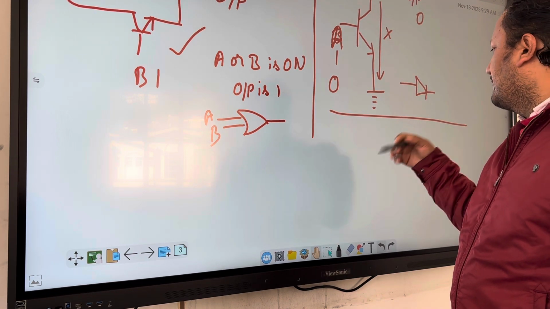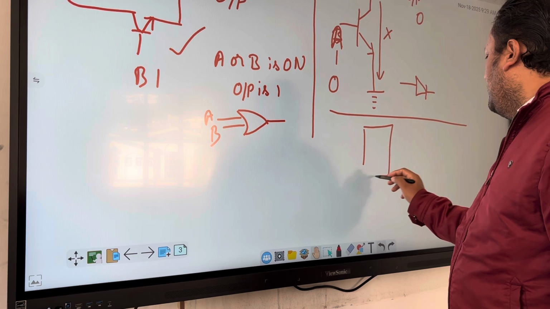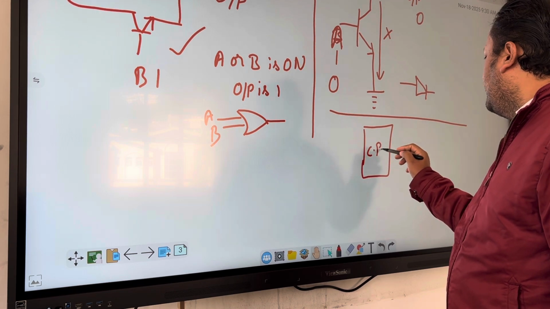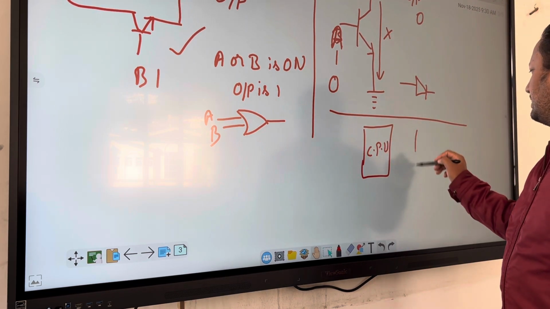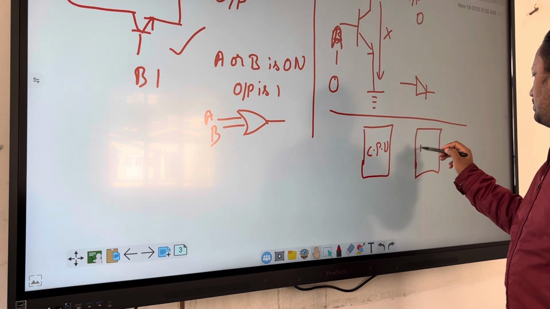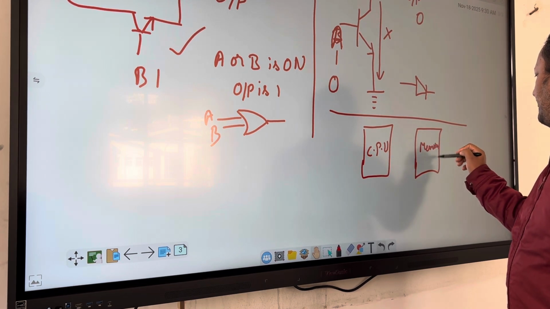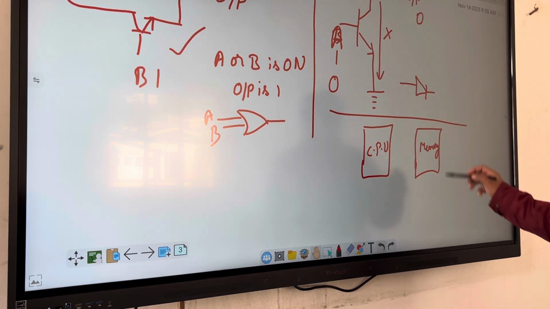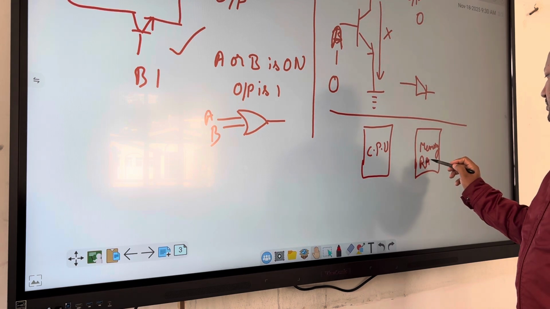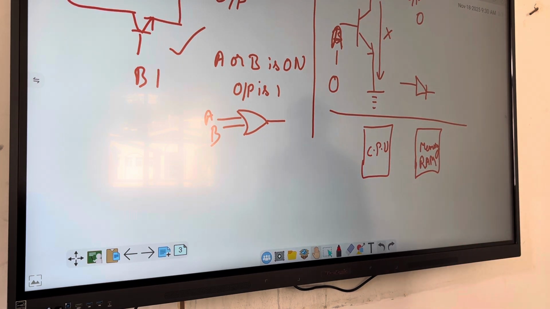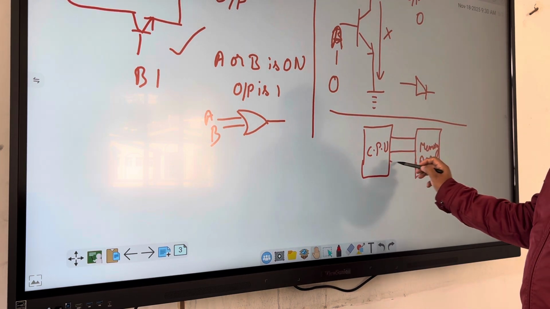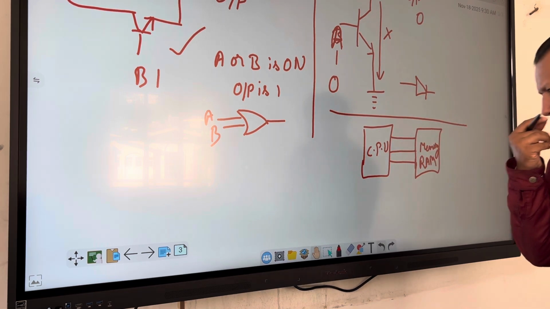In terms of a computer, you will have one part which is called the CPU, and the other part in the digital device you call memory. We are basically talking about the RAM memory right now. So you see, your CPU will be connected through wires to this memory.